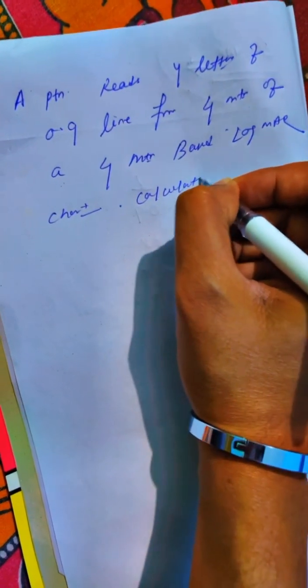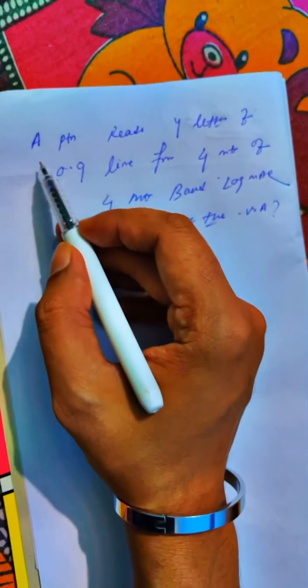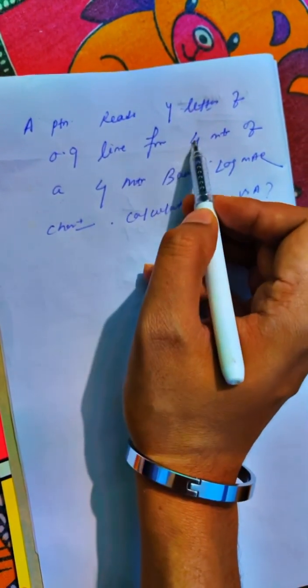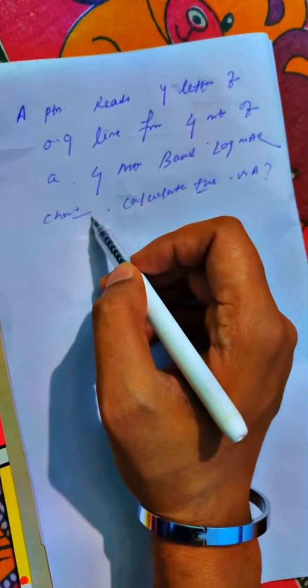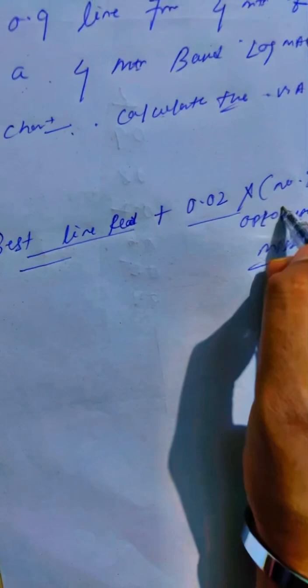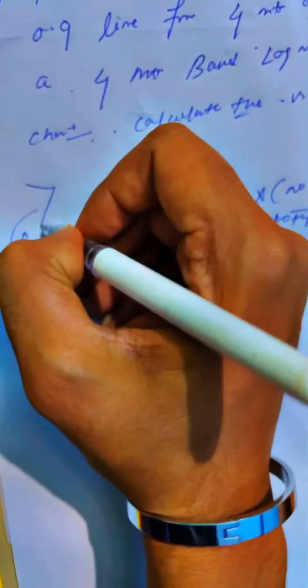Calculate the visual acuity. So this is the question. You have the formula: best line read plus 0.02 into number of optotype missed. So put this formula to this question.